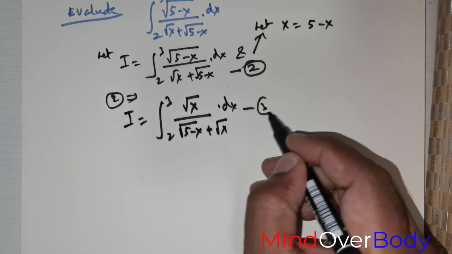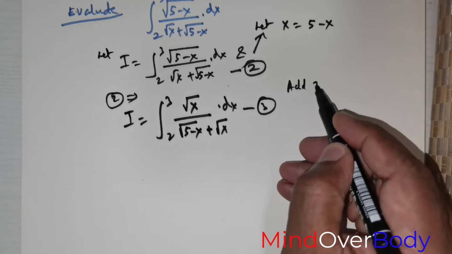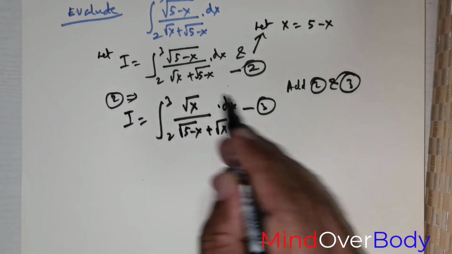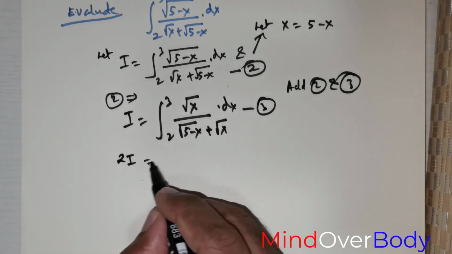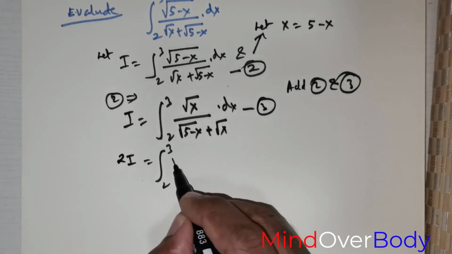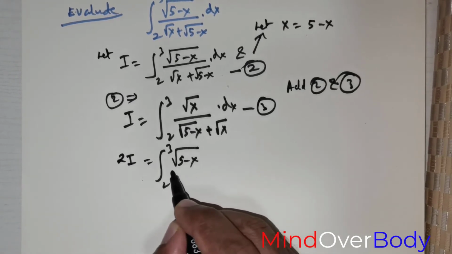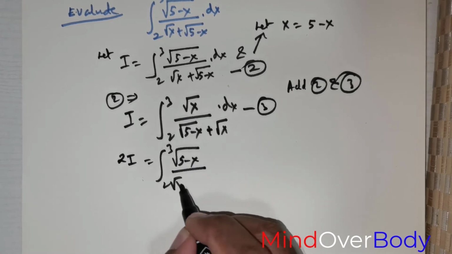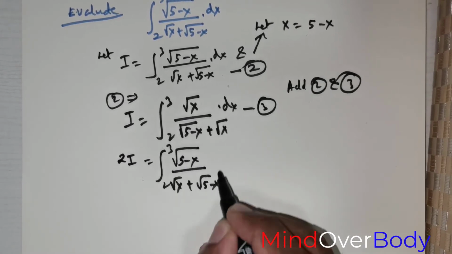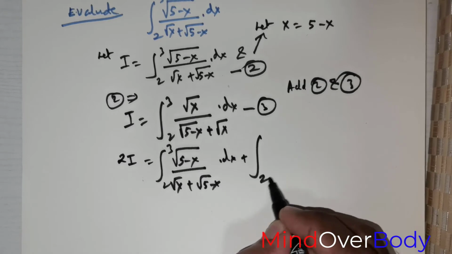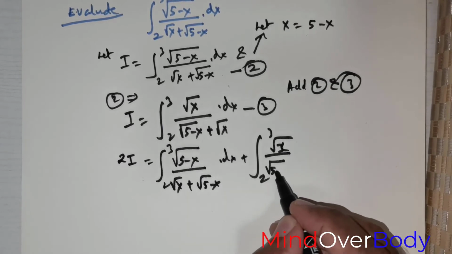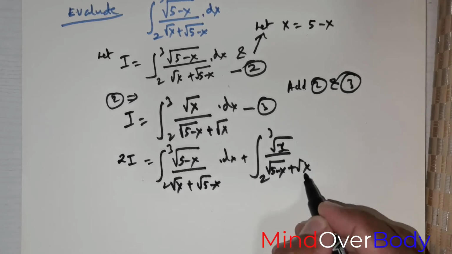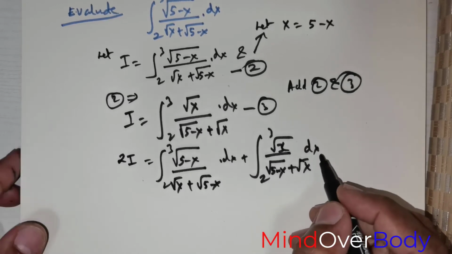Now what I wish to do is add 2 and 3. If that takes place, this would give us 2I is equal to the integral from 2 to 3 of root of (5 minus x) divided by root of x plus root of (5 minus x) times dx, plus the integral from 2 to 3 of root of x divided by root of (5 minus x) plus root of x times dx.